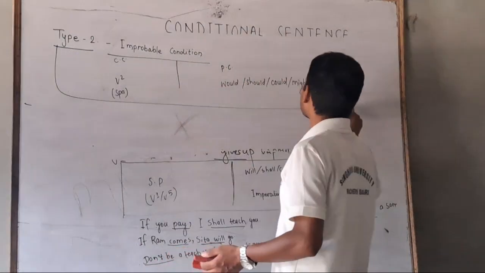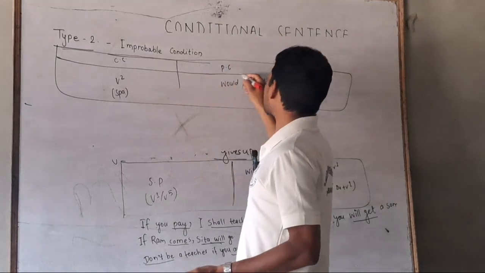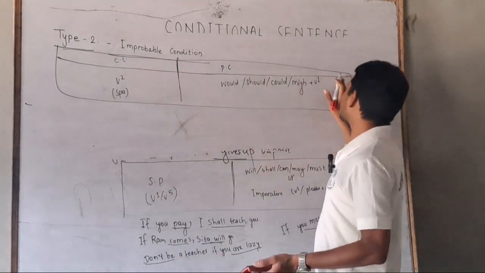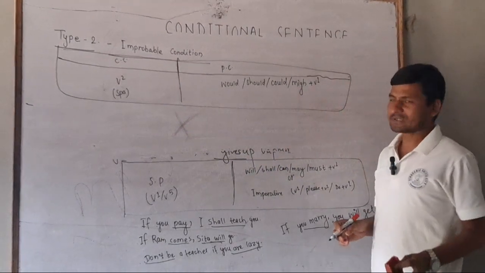In CC you find simple past tense and in principal clause you find would, should, could, might plus verb 1.